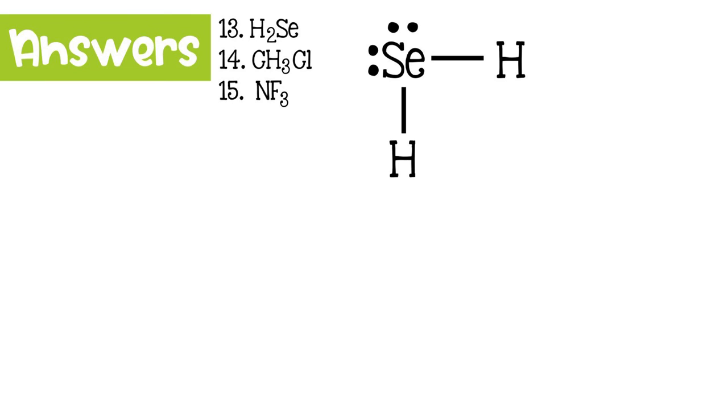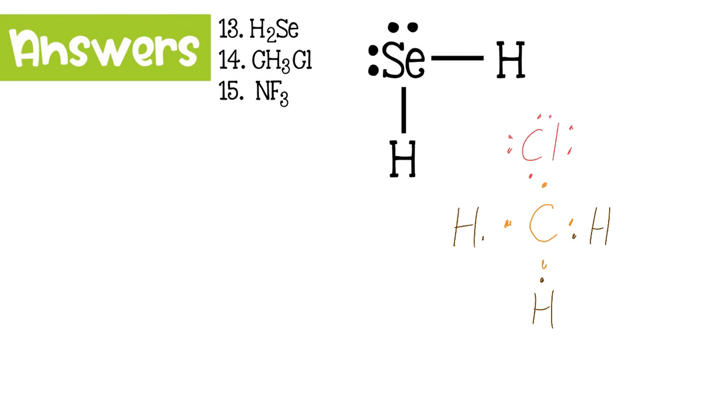Now in this case, we know hydrogen can only form 1 bond because it only has 1 unpaired valence electron. And we also know that chlorine can only form 1 bond because although it has 7 valence electrons, 6 of them are paired up. So there's only 1 unpaired electron that can be used for bonding.